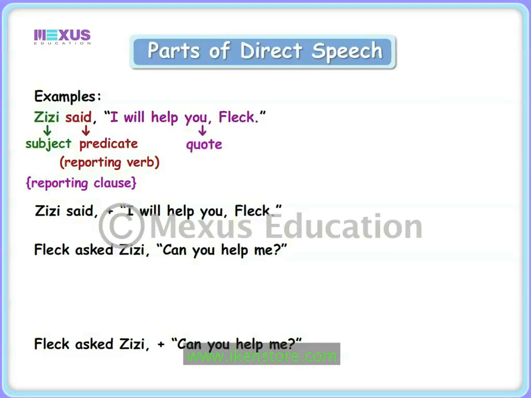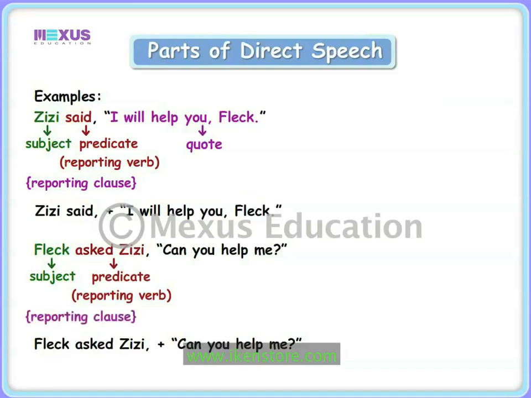Similarly, in the second sentence, the first part, Fleck asked Zizi, contains a subject, Fleck, and predicate, asked Zizi, which also contains the reporting verb, asked. This part is called the reporting clause. Can you help me? is the quote.